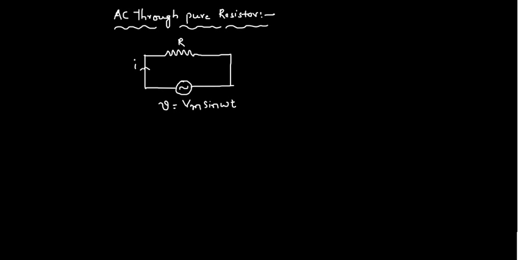When passing through a resistor, this is my y-axis and this is my x-axis. On the y-axis I will take the two quantities, voltage and current, and this is omega t. Now if you draw the voltage waveform, I get this.